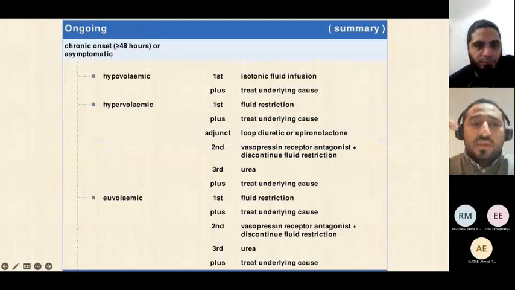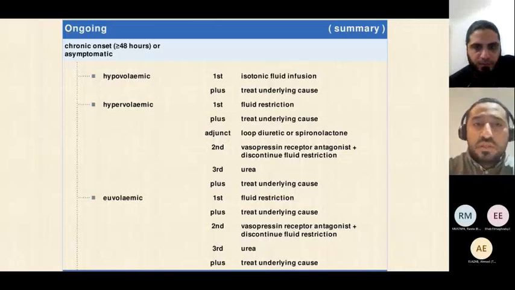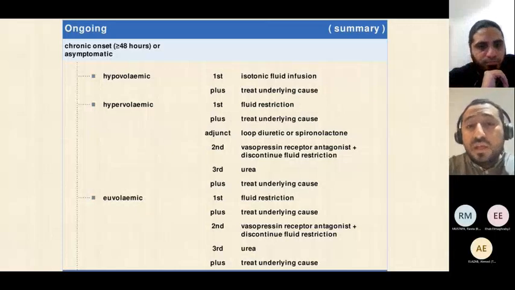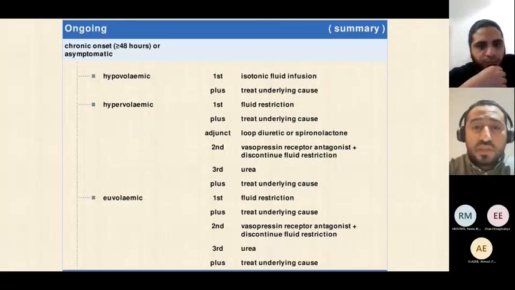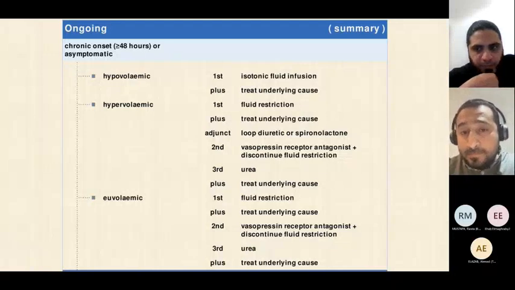In chronic hyponatremia, it will be according to the cause. So a hypovolemic patient, simply you will need to replace his fluid status. So we give isotonic fluid infusion and treat the underlying cause. In hypervolemic hyponatremia, you will need to do fluid restriction, treat the underlying cause, and you can start the patient on loop diuretic or spironolactone.